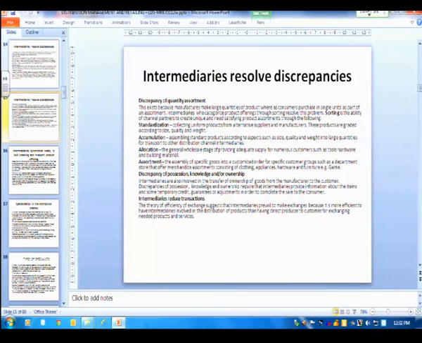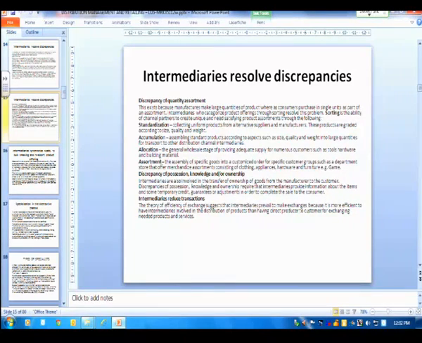Intermediaries who categorize product offerings through sorting resolve this problem. Sorting is the ability of channel partners to create unique and need-satisfying product assortments through the following.